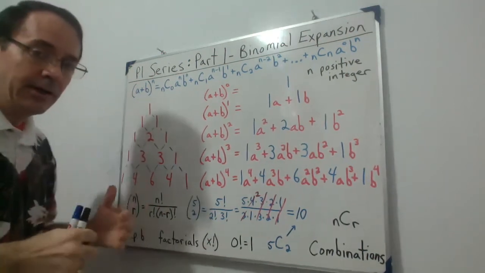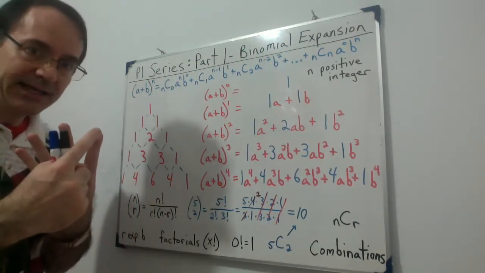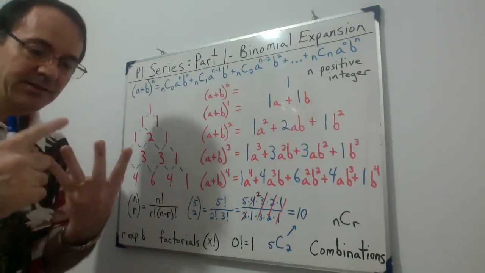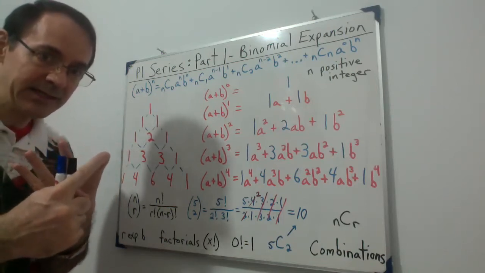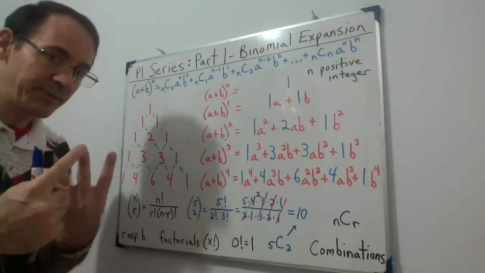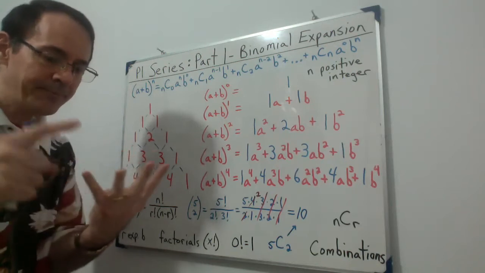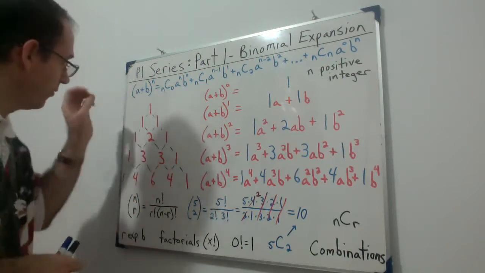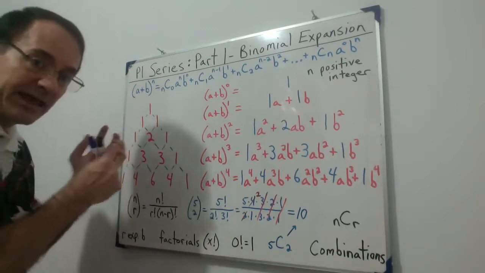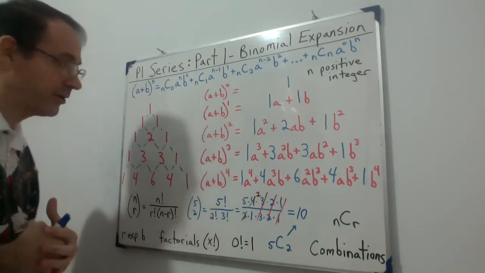Now remember, a term includes four things: sign, coefficient, variable, exponent. So the sign can be plus or minus. The coefficient is some number. The variable, generally we're using x or y, and then the exponent of that variable. So A just represents that first term. B represents the second term.